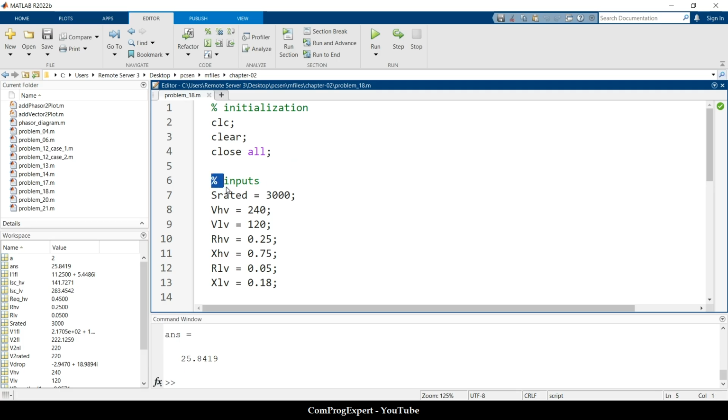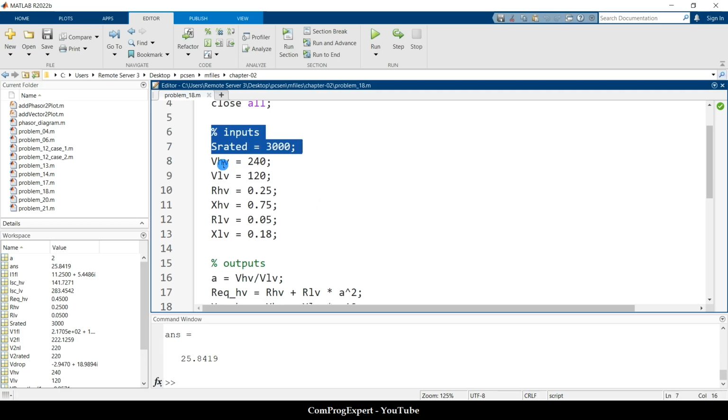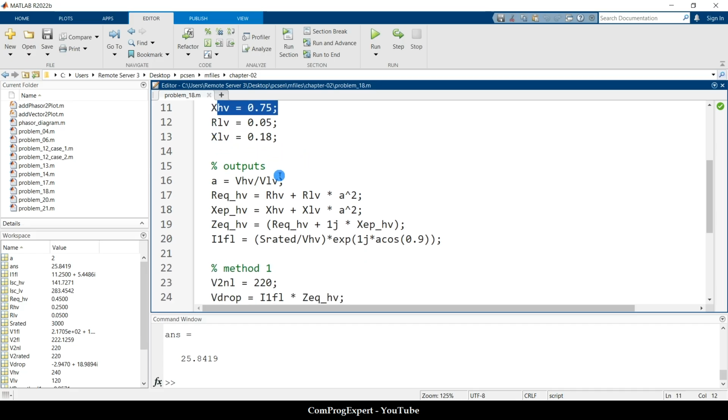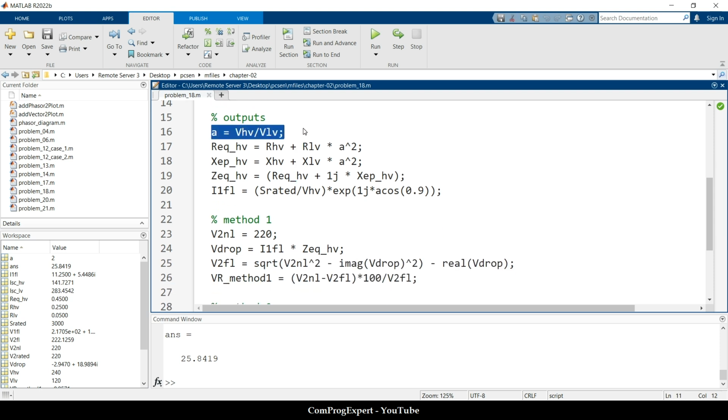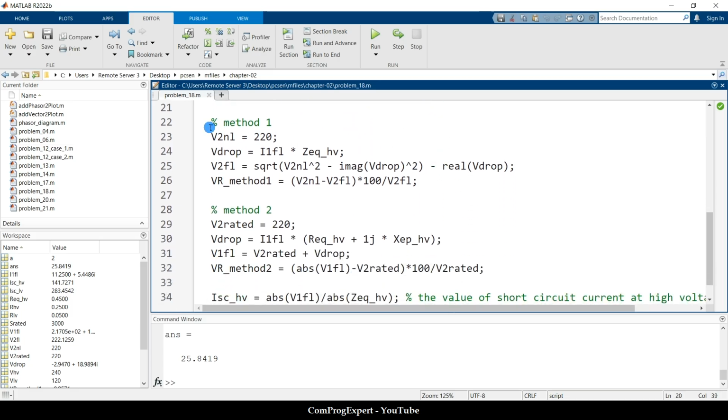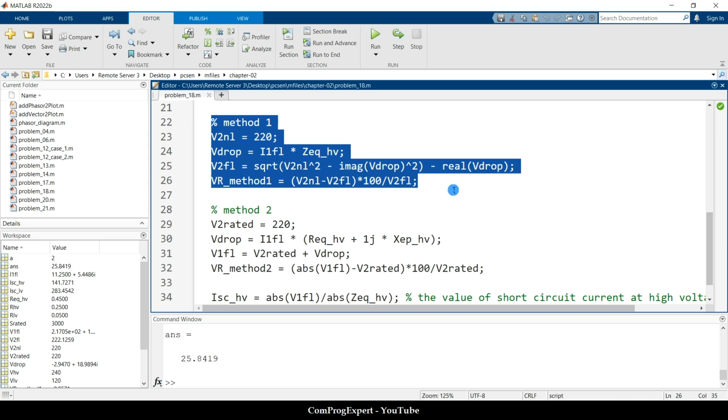Here I did the calculations for the problem 18. This is the rated volt ampere, voltage of the high voltage winding, low voltage side, the value of the resistance, leakage reactance for the high voltage side, the low voltage winding, the turns ratio. This is the equivalent resistance, the full load current, and here I wrote the KVL.